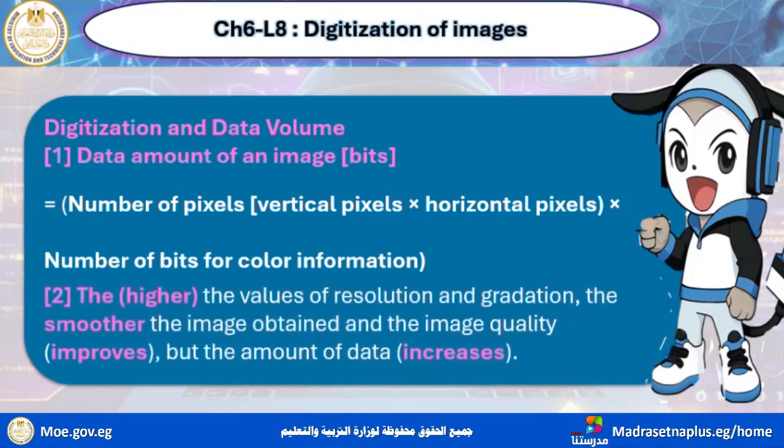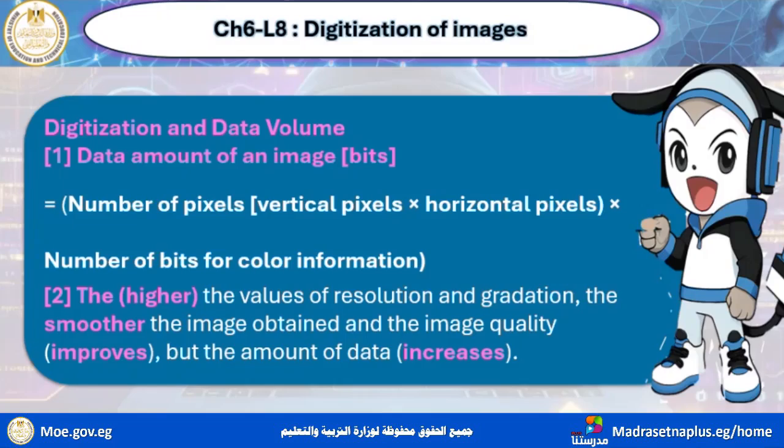The higher the value of resolution and gradation, the smoother the image obtained. Higher resolution means a higher number of pixels, so you should convert your image into as many pixels and as many levels as your device can do.